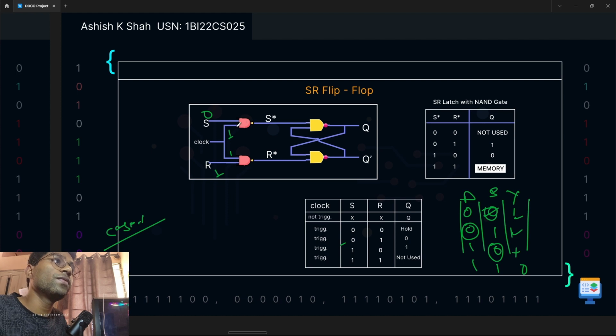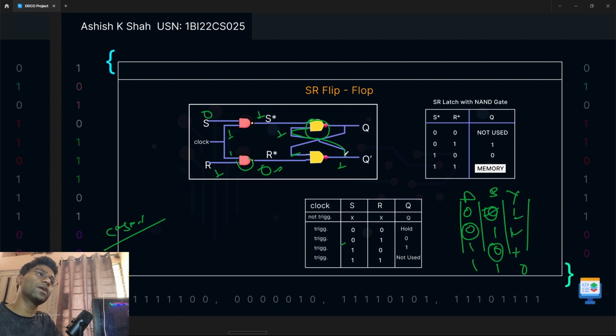So what will its output be? Its output will be 1, and you can see this is the NAND gate, then it will function as a NAND gate, and its output will be 0. And in this also, here R is 0, then we don't have to see this input, because it will give 1, and this 1 is applied as input of this NAND gate.